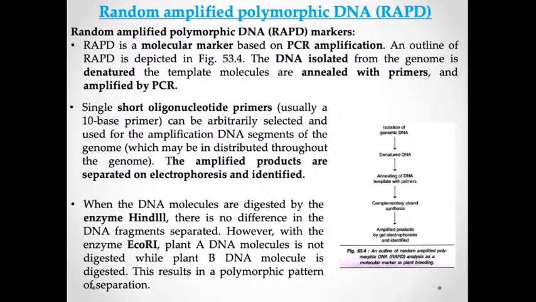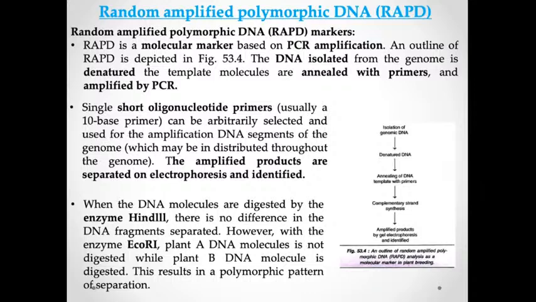So let's start with the first one, RAPD, random amplified polymorphic DNA. As the name suggests, we randomly amplify this polymorphic DNA. So RAPD is a molecular marker based on PCR amplification. Here in figure 53.4, first we isolate the genomic DNA, then we denature the DNA.